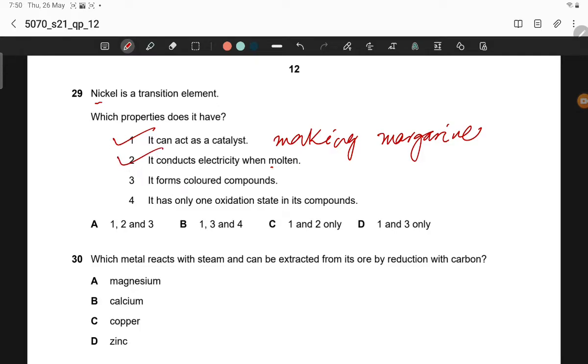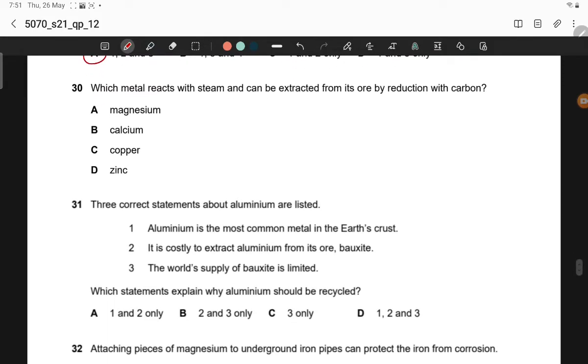It forms colored compounds. Nickel is a transition metal, so it forms colored compounds. It is also correct. It has only one oxidation state in its compounds. It is incorrect because nickel is a transition element, so it has more than two oxidation states. So 1, 2, 3 are correct. A is the correct option.